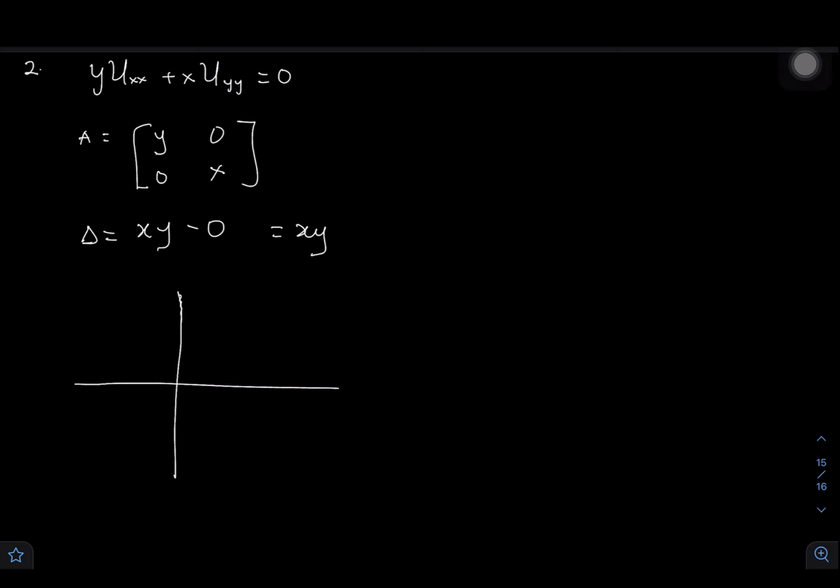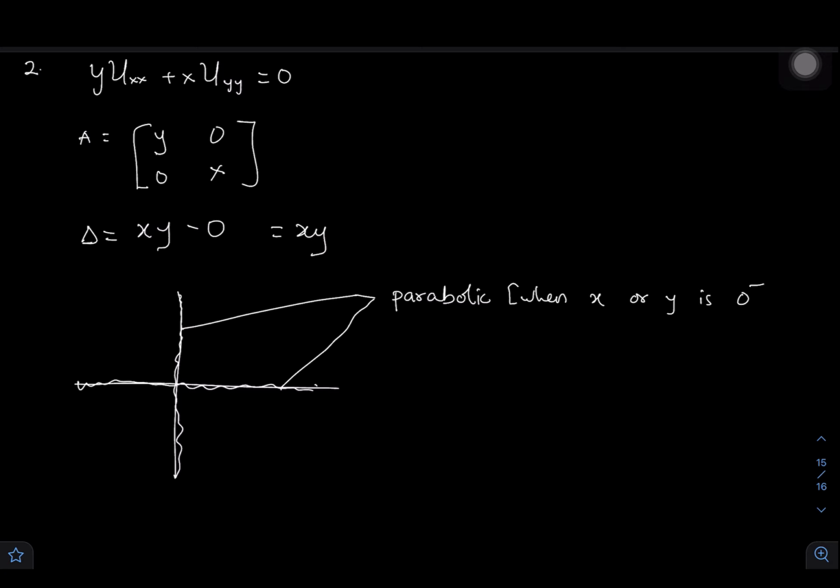Whenever x or y is equal to 0, which are the points on these lines, that's going to give you a parabolic PDE. So when x or y is 0, or both of them are 0.